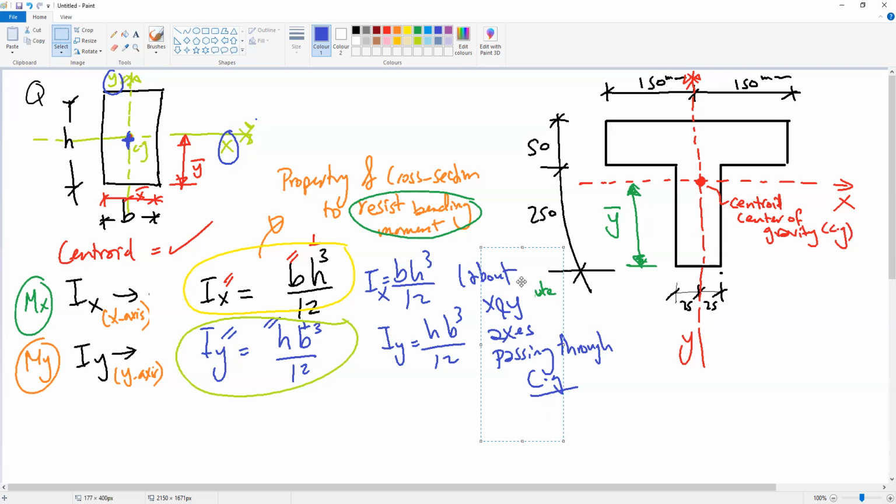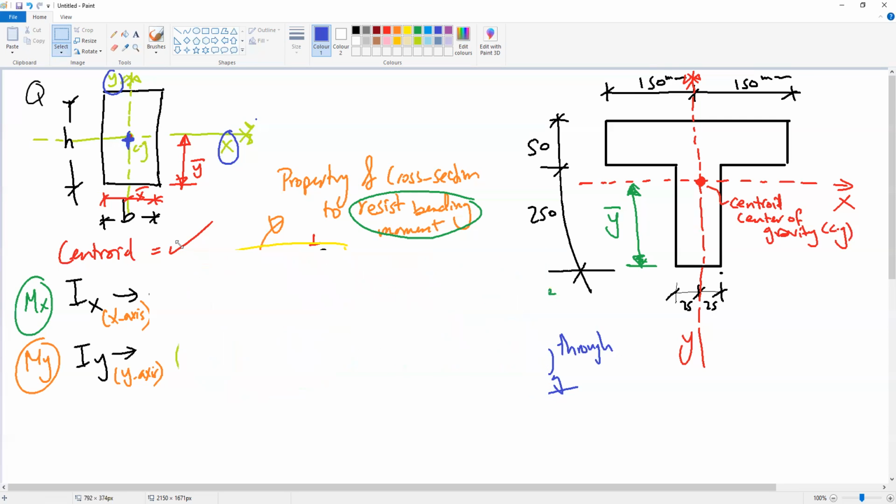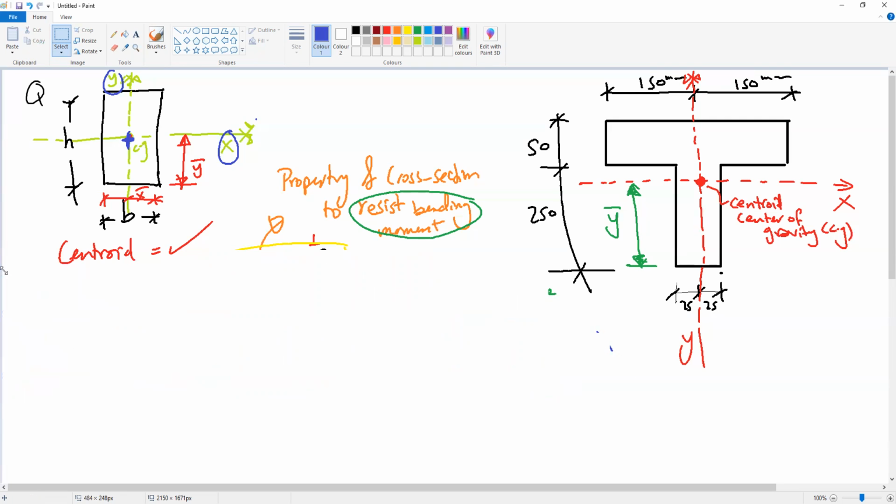I will remove this part again. So for some cases, this is our section. This is B, this is H, and this is our X dash axis.